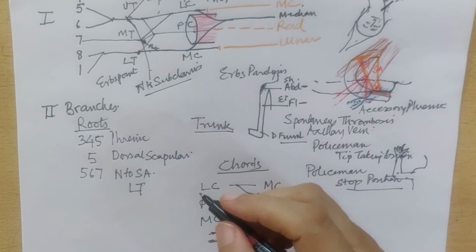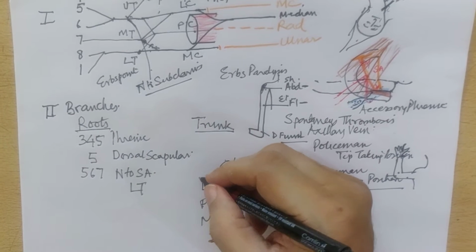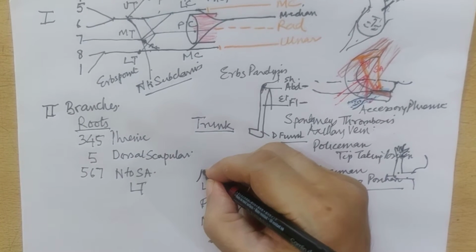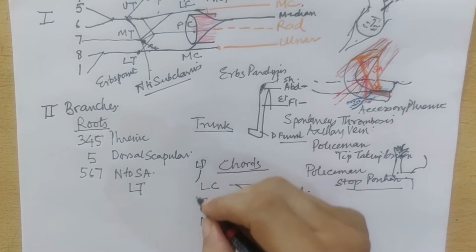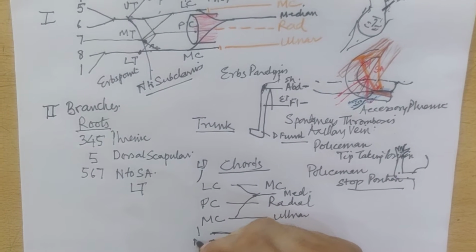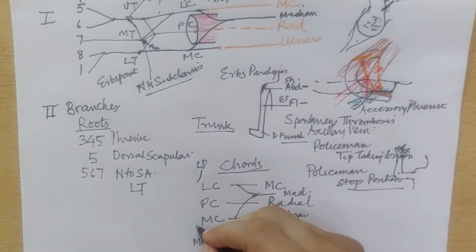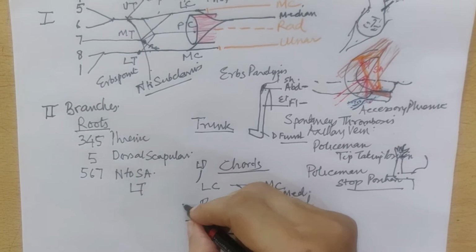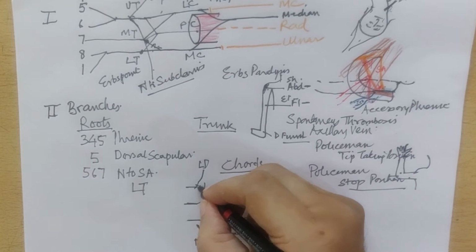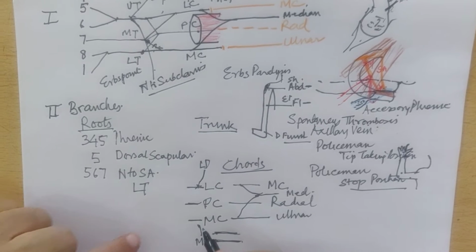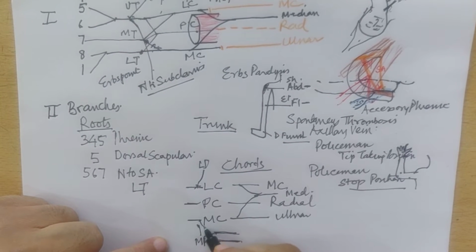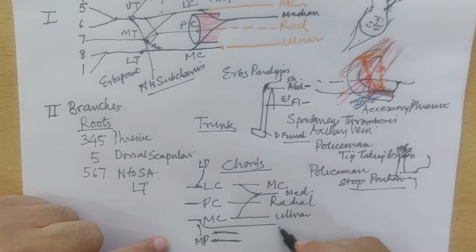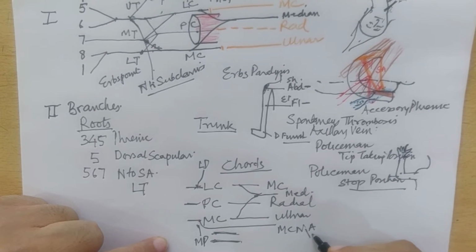But then, if you want to remember the other branches, the lateral cord gives lateral pectoral, the medial cord gives medial pectoral. Additional branches from the medial cord are the medial cutaneous nerve of arm and forearm.